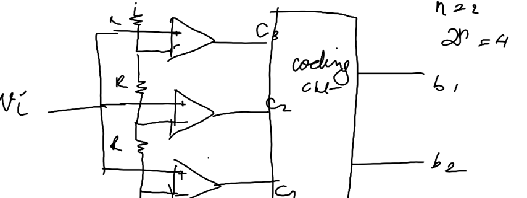Then how does it work? In the 2-bit flash type ADC, the coding circuit consists of some XOR gates and some AND gates.